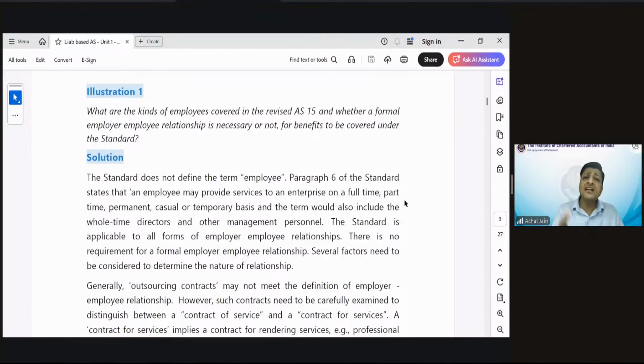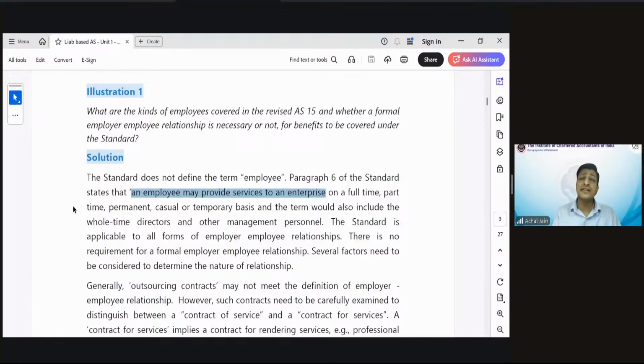Okay, this is again a very important area. Now, if you look at the accounting standard, it doesn't define the employee. So what does the standard say? Standard says an employee may provide services to an enterprise on a full-time, part-time, permanent, casual, temporary basis, and the term would include whole-time directors and other management personnel also.